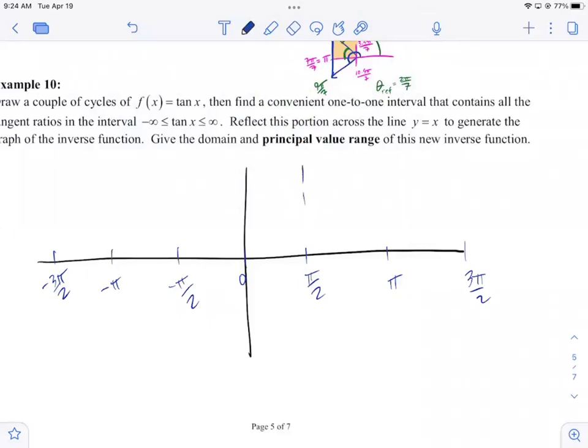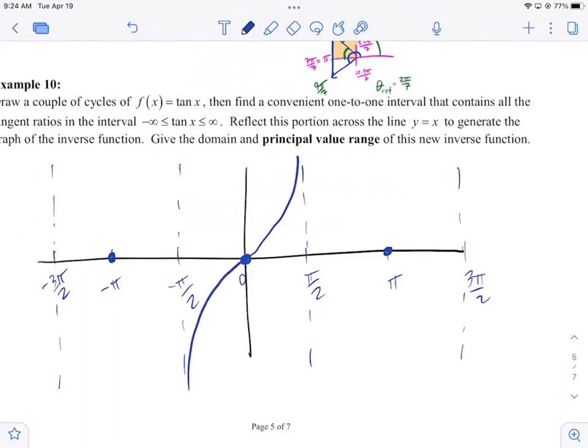Tangent also has vertical asymptotes at odd pi halves, so pi halves, 3 pi halves, negative 3 pi halves, and it passes through an axis point in between. It changes curvature there.